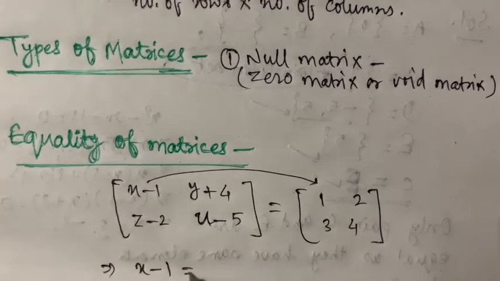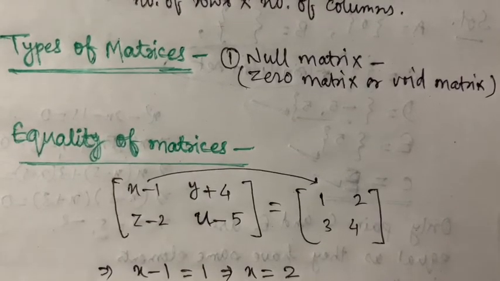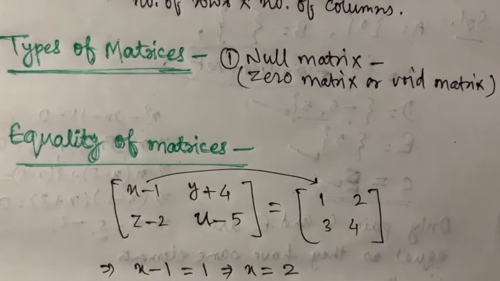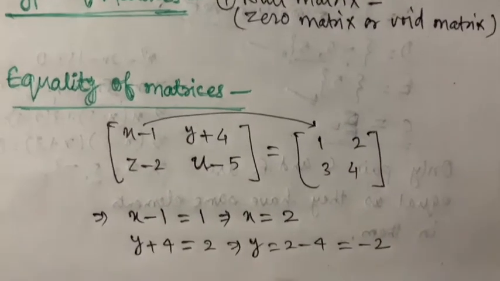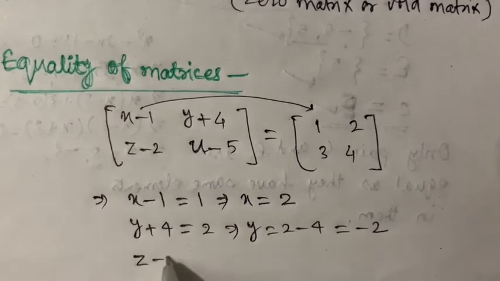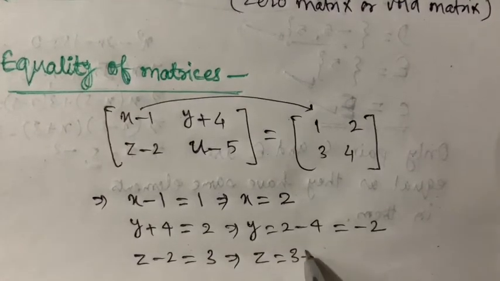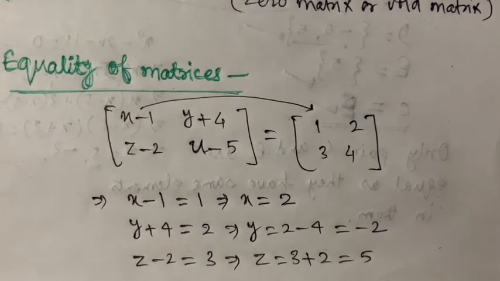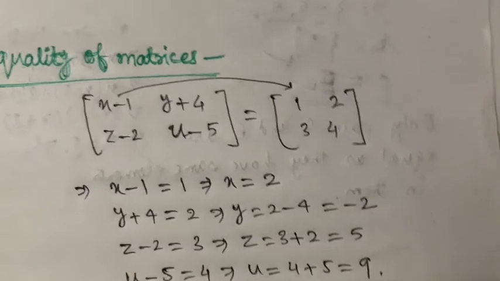So we will have x minus 1 is equal to 1, and this will give us x is equal to 2. Similarly, when we equate y plus 4 with 2, it will be y is equal to 2 minus 4, and that is minus 2. Then z minus 2 equal to 3 gives z is equal to 3 plus 2, or 5, and u minus 5 is equal to 4 gives u is equal to 5 plus 4, and 9 will be the answer.